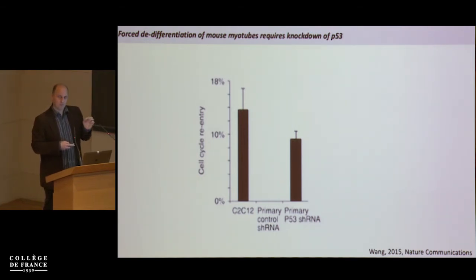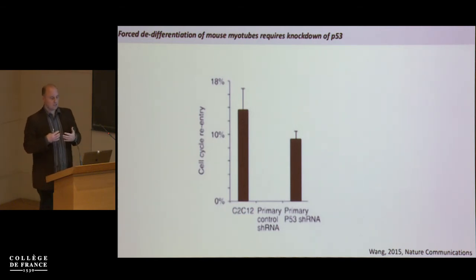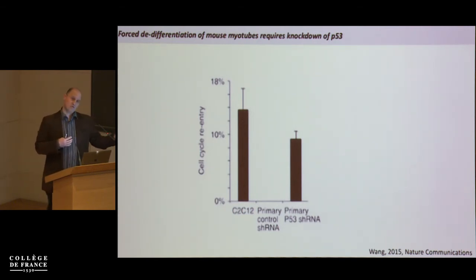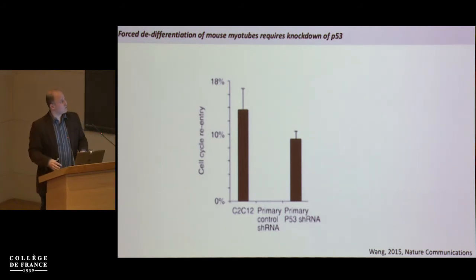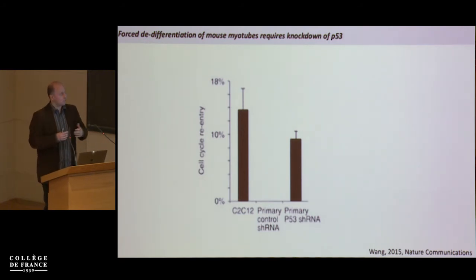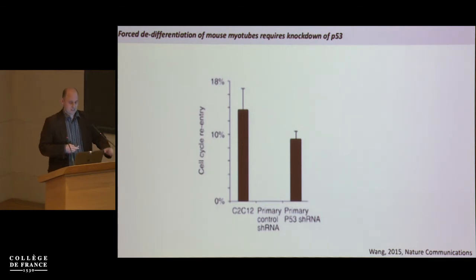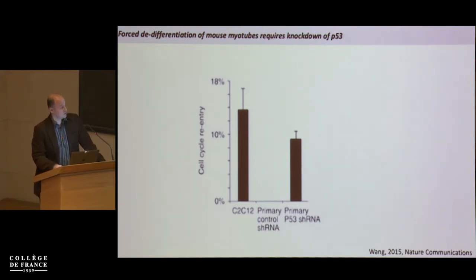But primary myotubes never do that unless we knock down P53. So this is quite expected in the sense that if you try to proliferate without centrosomes, the defense mechanism by an organism is to kill those cells, because it's a typical example of how cancer cells can divide without centrosomes. So this is quite consistent with the data we had on the centrosomes.